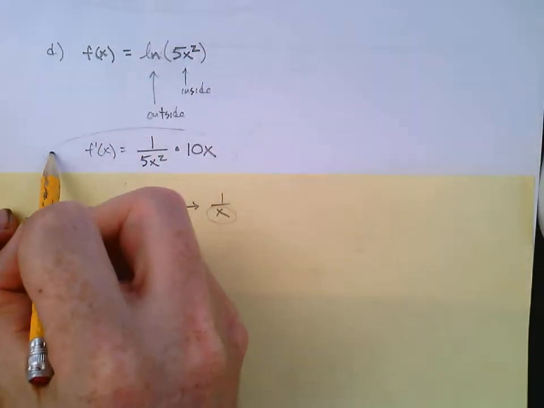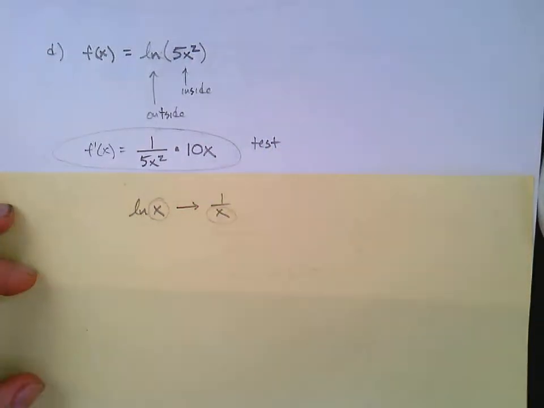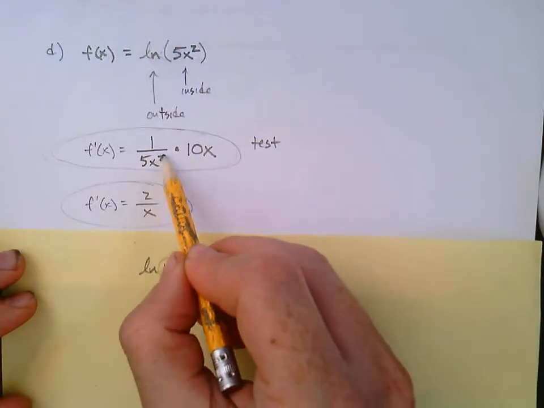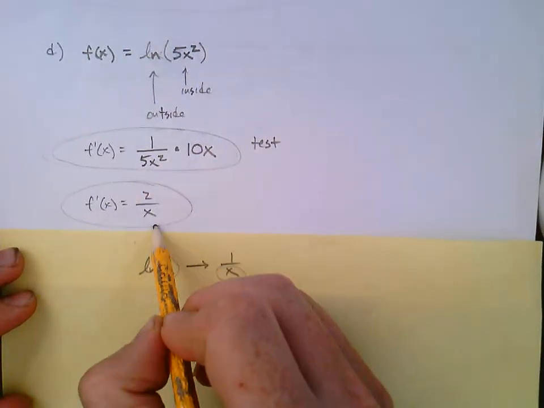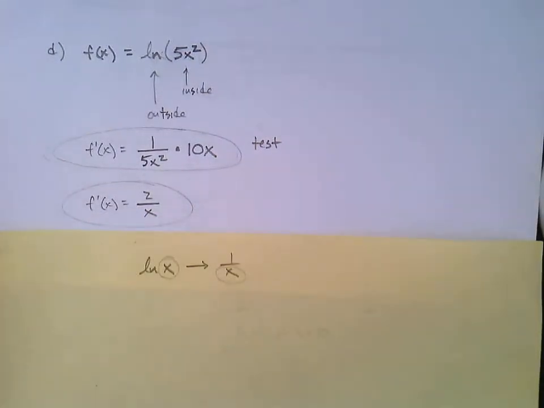And if this was a test or a quiz, you could stop right there in the unsimplified version, although this one's not too bad to simplify, right? An x would cancel, 10 over 5 is 2. You could just leave that as 2 over x.